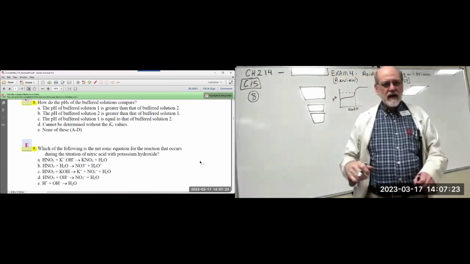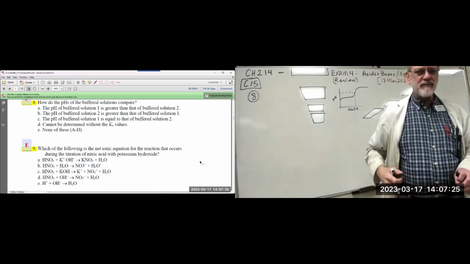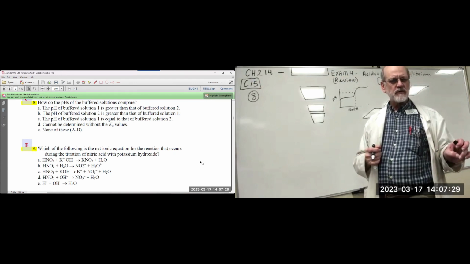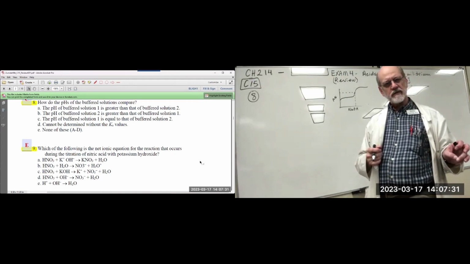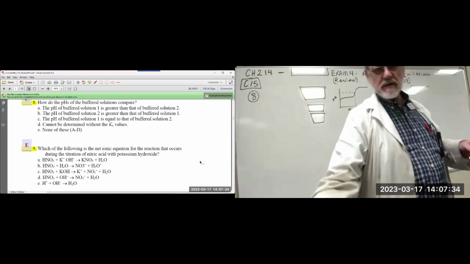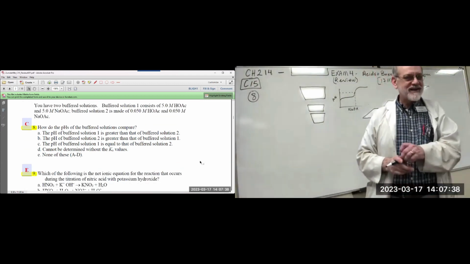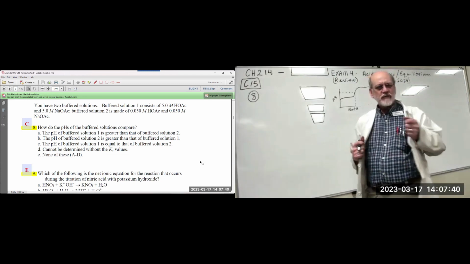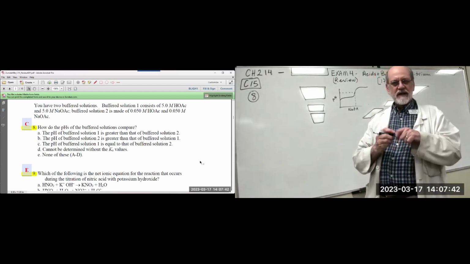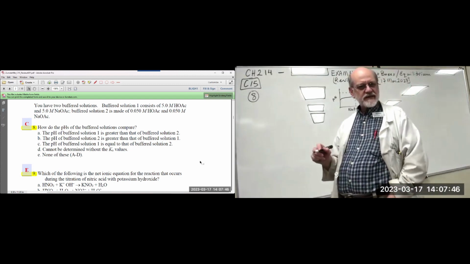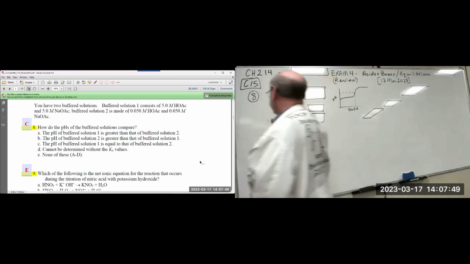8. How do the pHs of buffered solutions compare? The pH of buffered solution 1 is greater than that of buffered solution. Wait a minute. Is it referencing something? Yeah, something above. Okay, let's try this again. You have 2 buffered solutions. Solution 1 contains 5 molar acetic acid and 5 molar sodium acetate.